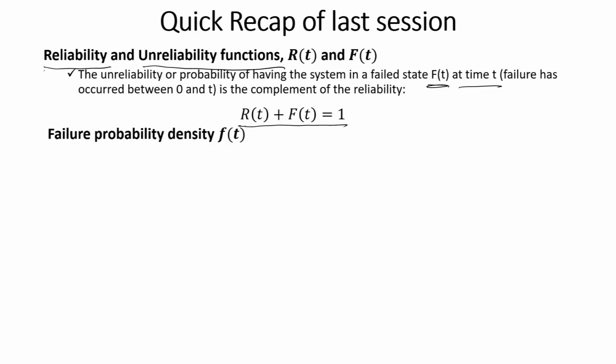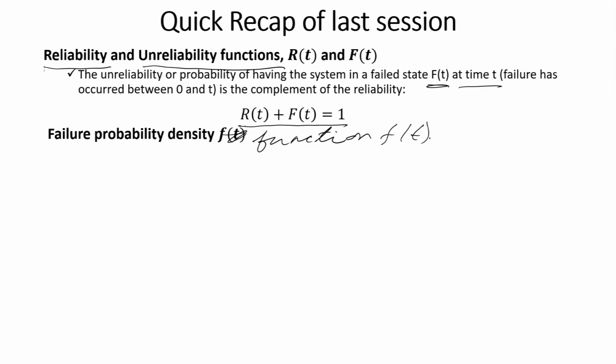Then we defined the failure probability density function, f(t). How do we get a probability density function when I have the cumulative probability function? We differentiate it.